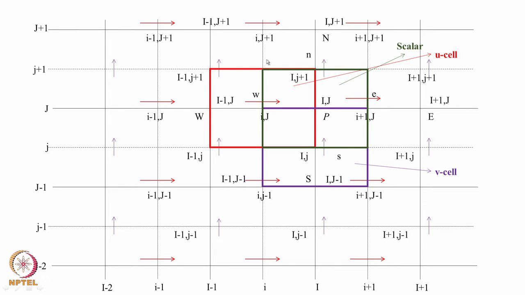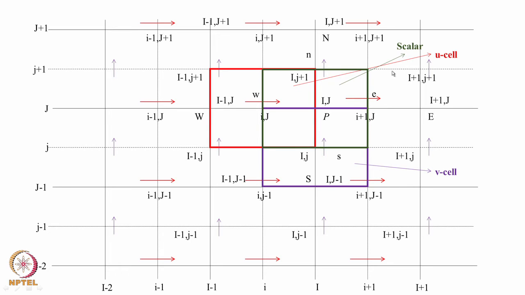And you can get an idea of all other important points. In this figure the u velocity is from left to right, shown in red color, and the v velocity is from top to bottom, shown in this color.